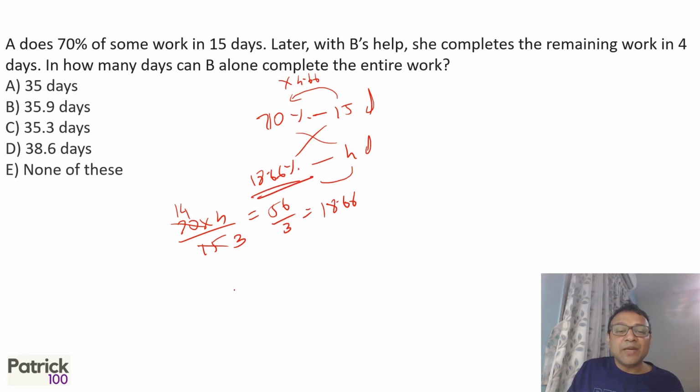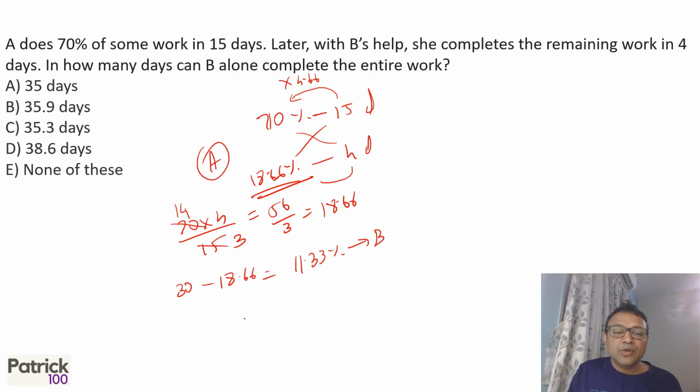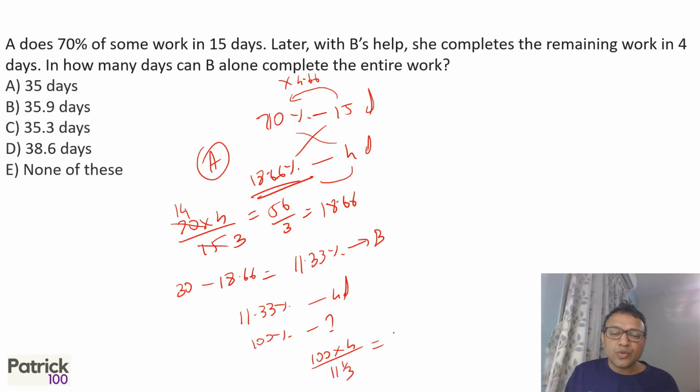So the balance is completed by B. The balance 30 minus 18.66, which comes to 11.33%, is done by B. So B does 11.33% work in 4 days. So 100% work in how many days? Cross multiply, 100 into 4 upon 11.33, which is also 11 1/3. So it comes to 1200 upon 34, or you can say 600 upon 17.